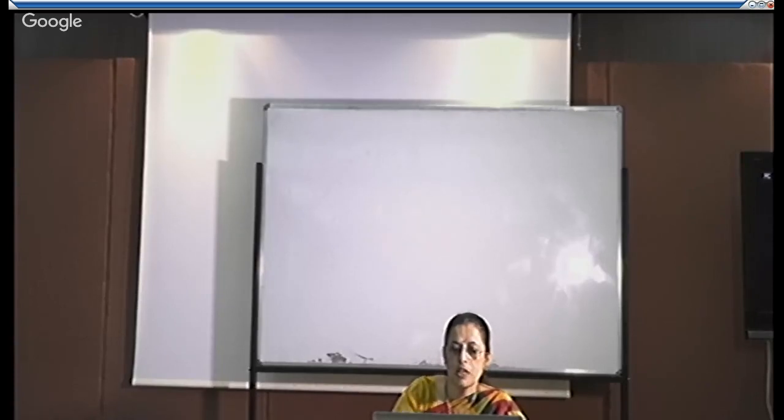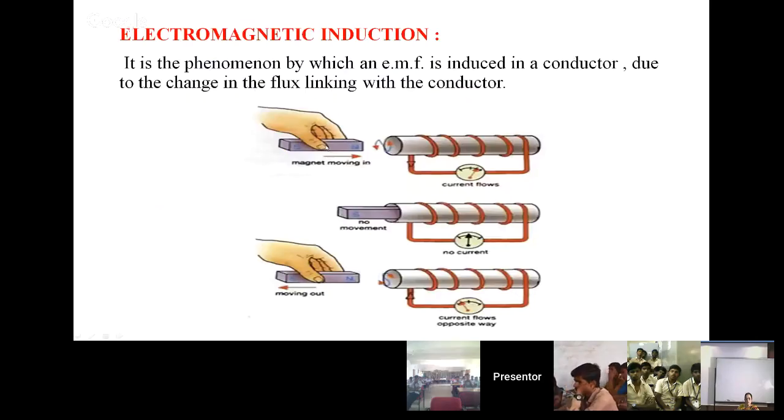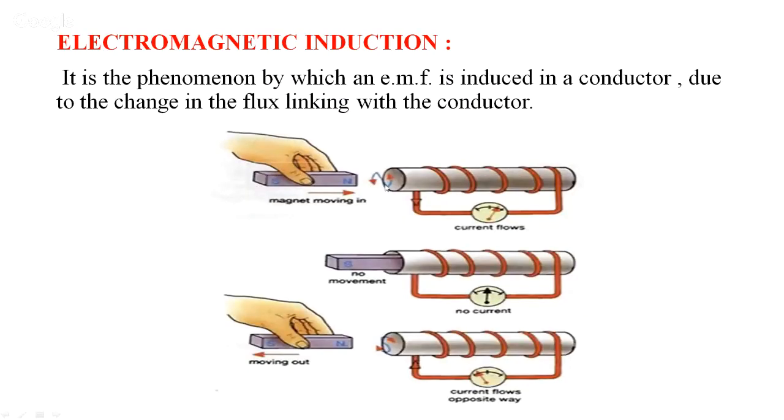So we'll just look here. In this you can observe, you can move the magnetic field, which in this case is a simple bar magnet, to and fro, or you can keep the bar magnet constant and move the coil arrangement to and fro from the bar magnet.